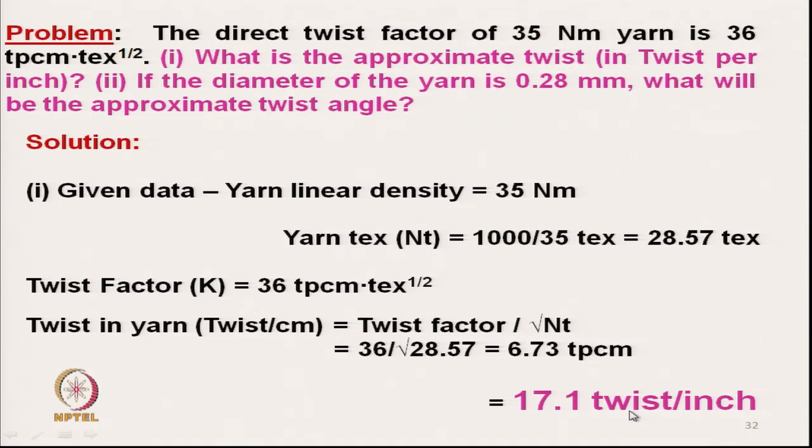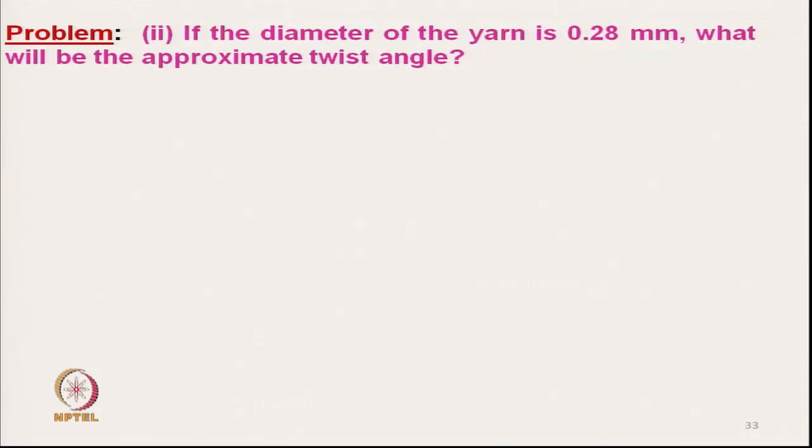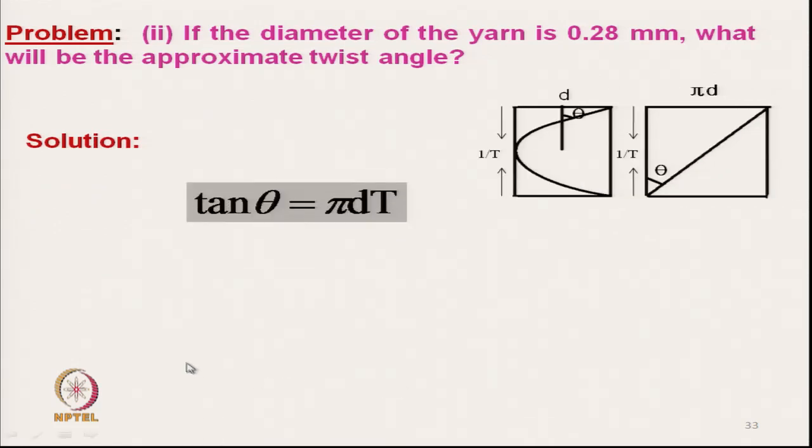So, the answer to the first question is that the yarn has a twist of 17.1 twist per inch. Now, the second problem: if the diameter of the yarn is 0.28 mm, what will be the approximate twist angle? The formula we know is tan theta equals pi d T. Here d is given as 0.28 millimeter, and T we have calculated earlier.